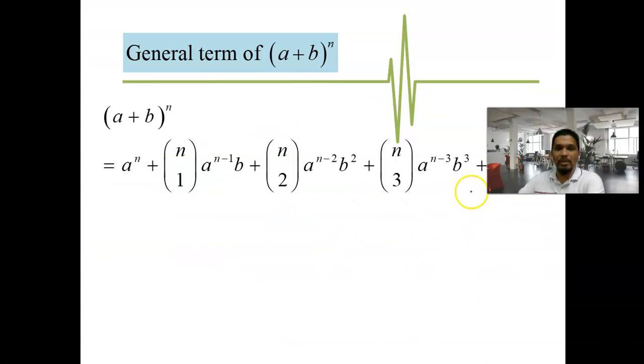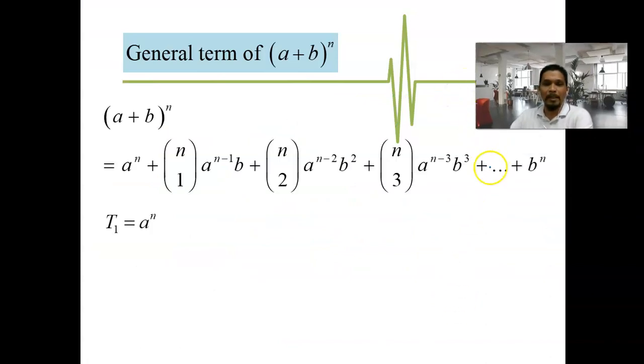Okay, general term of a plus b to the power of n. So the general term here, this is considered as T0. This is T1. This is T2. And this is T3. Until this one here, this is T to the power of n plus 1. Okay.